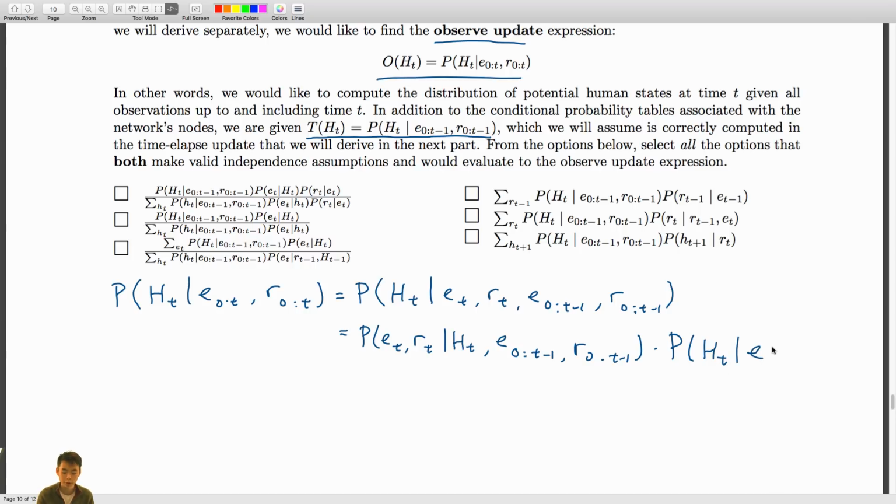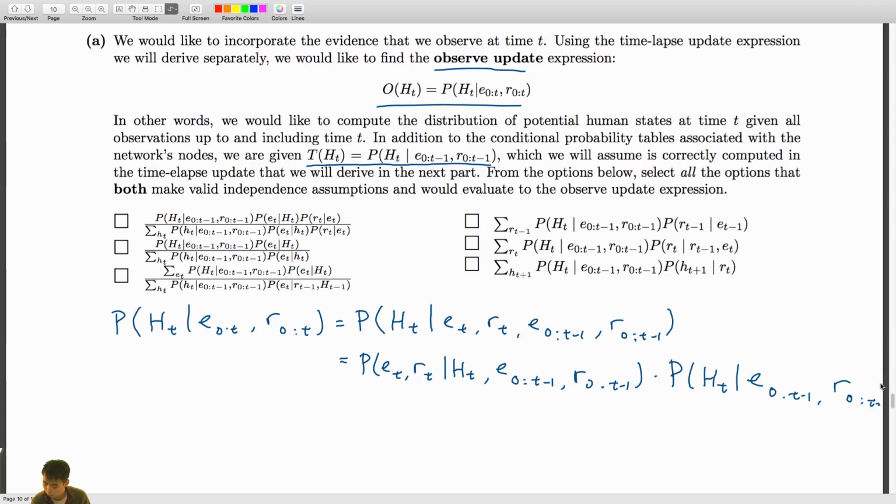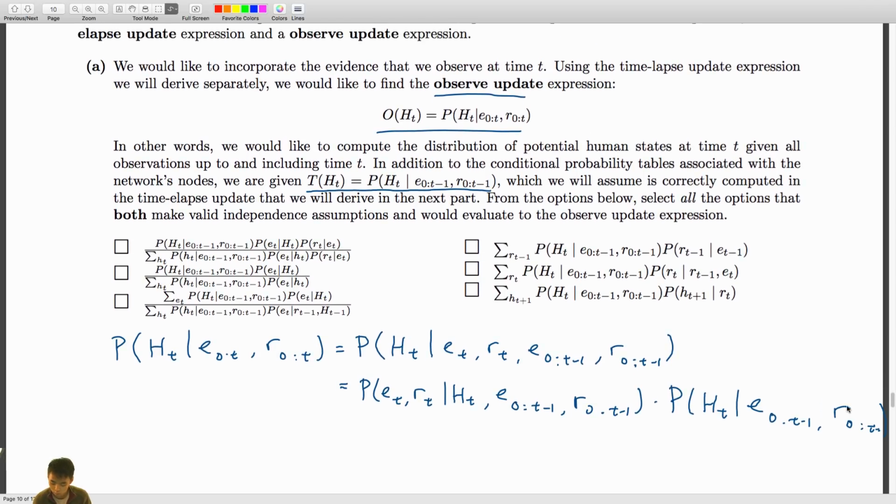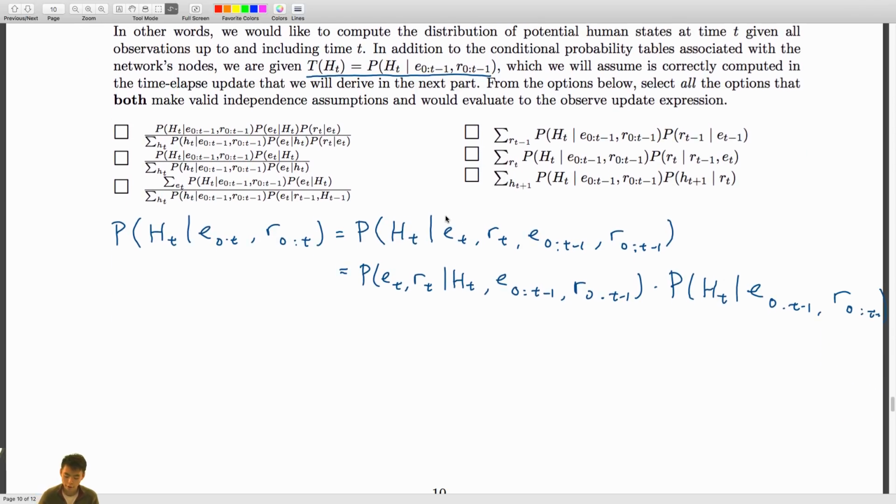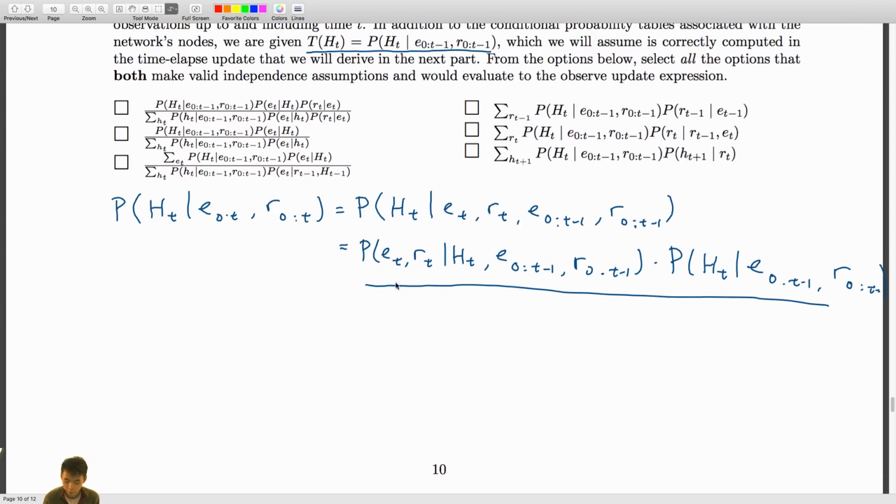This is the quantity that we're using from above. And then this is all divided by the probability of these two current observations conditioned on the past observations.